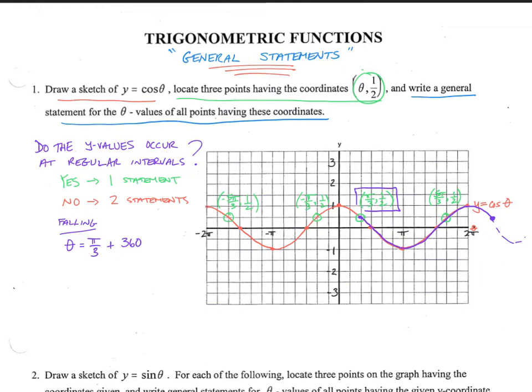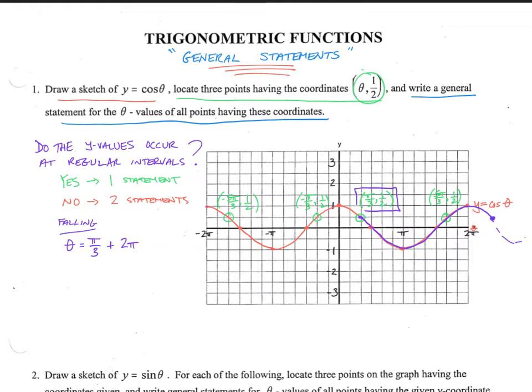So since we're talking about radians, if I went a full rotation forward, 2 pi forward, I would arrive at another value of a half. And if I went 2 full rotations or 3, any number of full rotations forward, I'm still going to land at a value of a half.